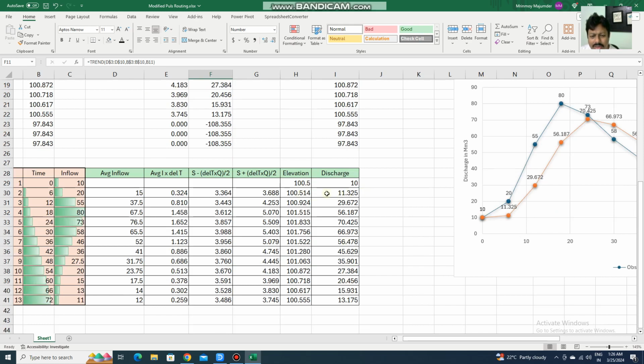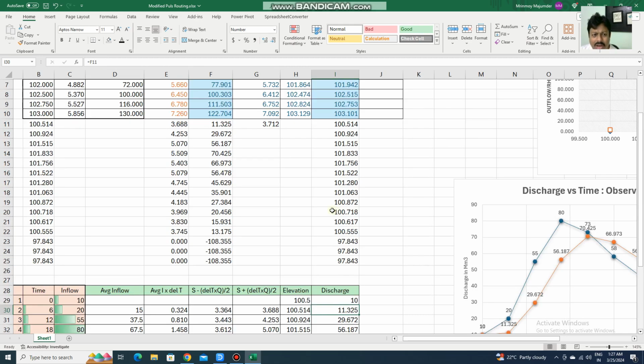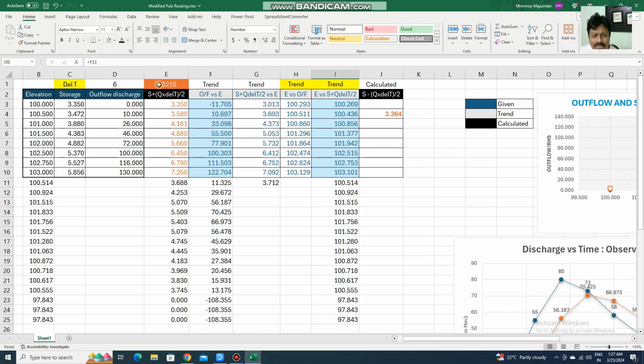and then from the previous time step S plus del T Q by 2, this is the previous RHS, you subtract 11.325, the derived or predicted discharge for the previous time step, multiplied by del T, this 6 hour converted to second.